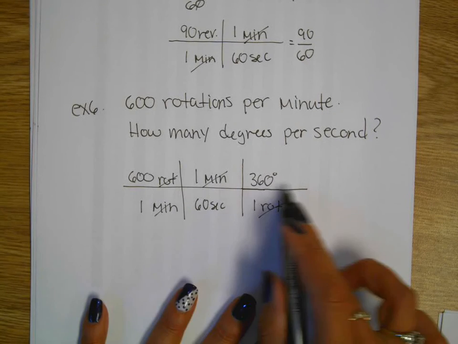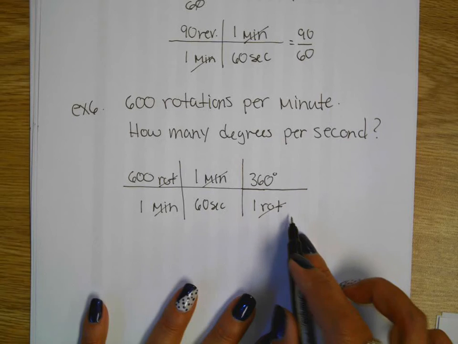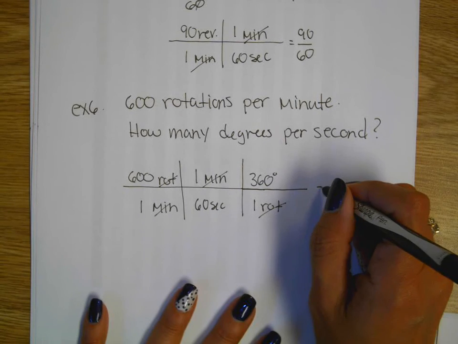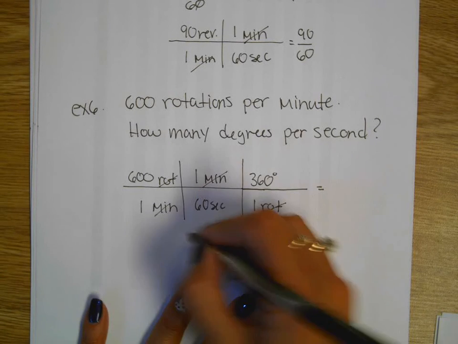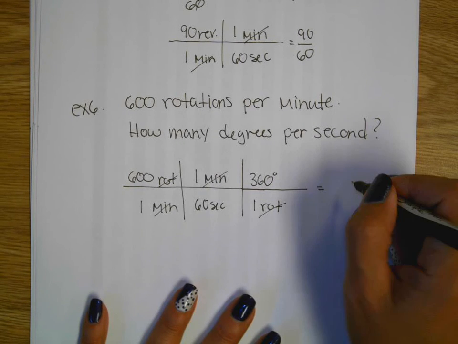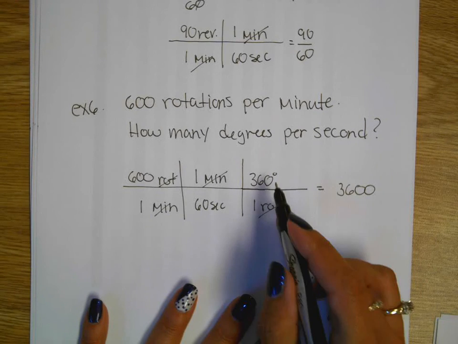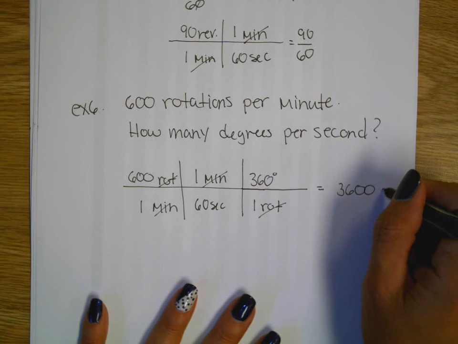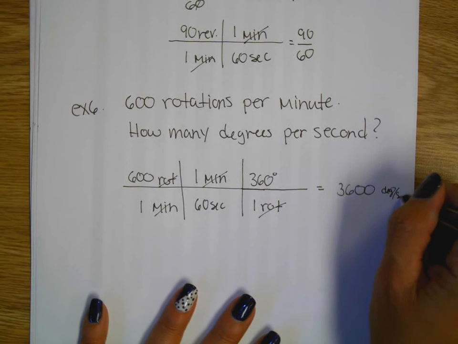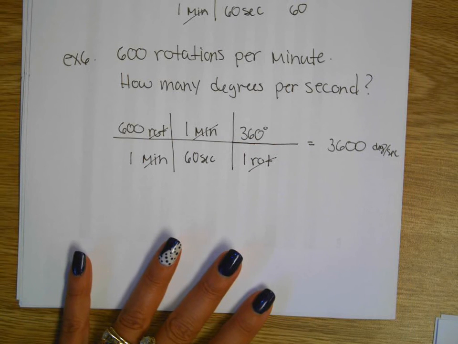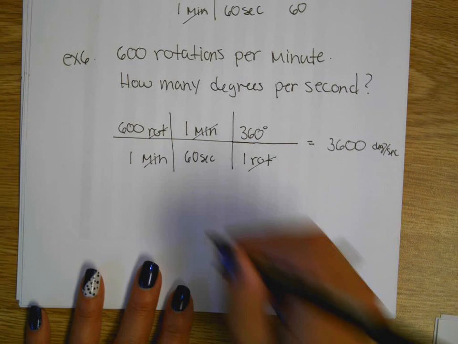You multiply across the top, multiply across the bottom, then divide those results. Or I can reduce here and do all my stuff, but you will get 3,600, and what you have left, degrees per second. Look at that. We'll see how you do with the problems at the end of the section.